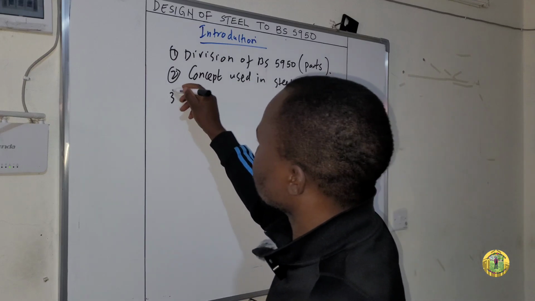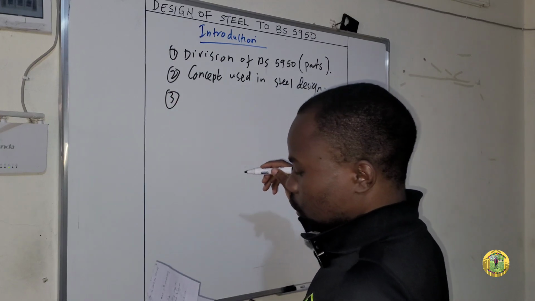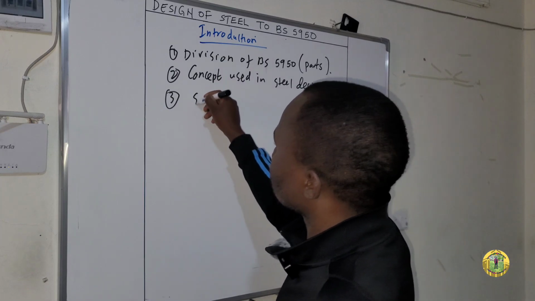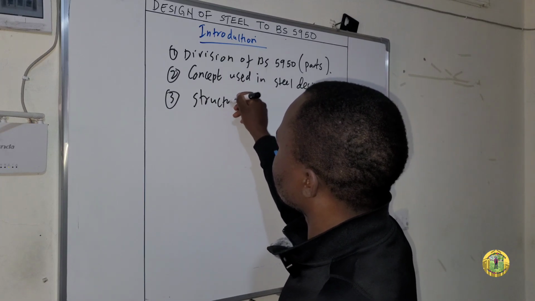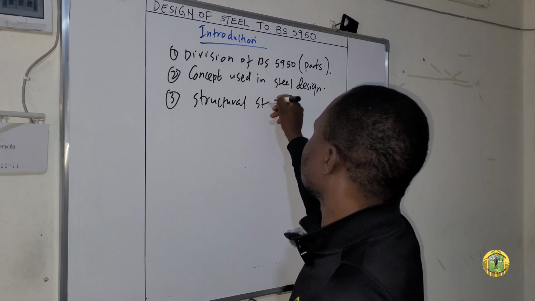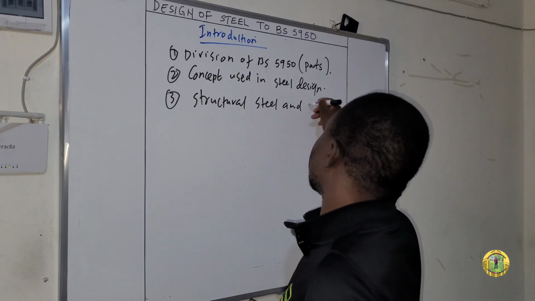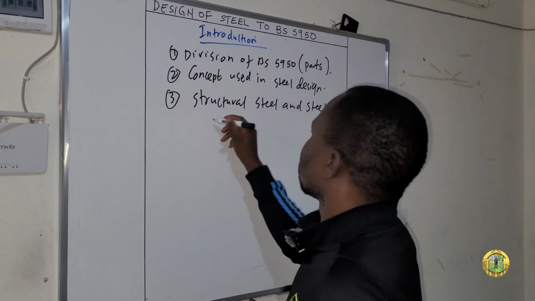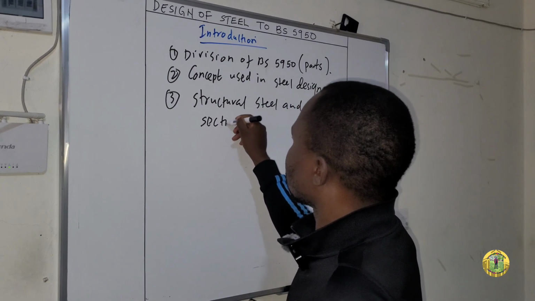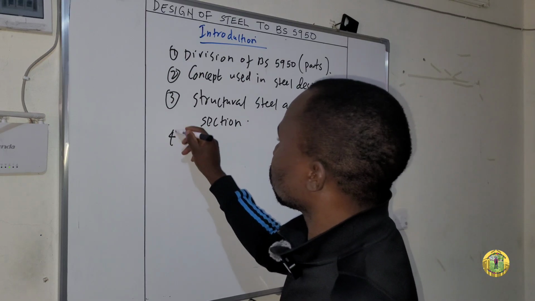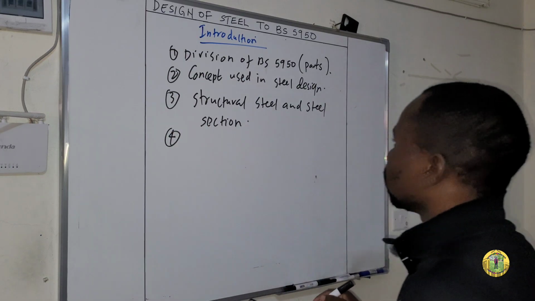Number three, I will talk about structural steel and steel sections. Number four, I will talk about symbols.